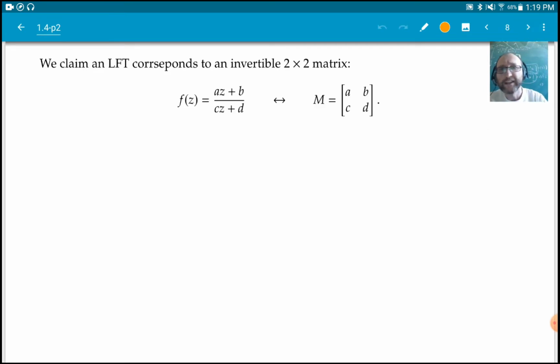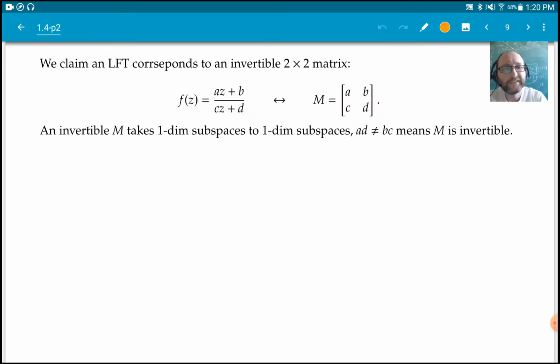All right. Now, the claim is that if I have an LFT like this, it corresponds to an invertible matrix A, B, C, D. And if you remember, an LFT is supposed to satisfy AD is not equal to BC. And that's precisely telling you that the determinant of this matrix is non-zero.